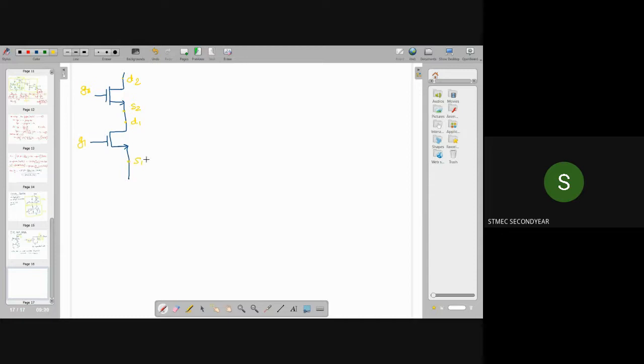That is your common source configuration with the common gate configuration. Now this common source terminal is grounded. Here this gate terminal is grounded, and between this point we are applying the input signal.